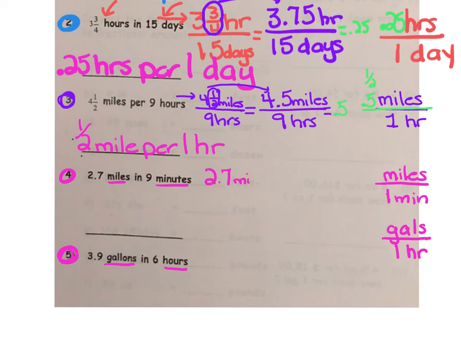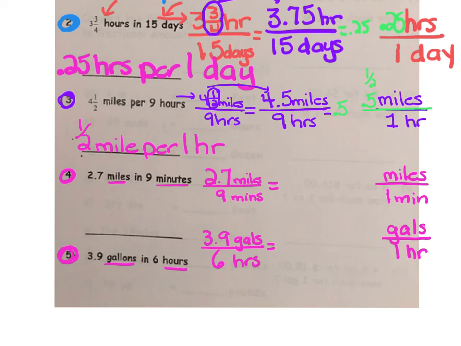2.7 miles per 9 minutes. And then you'll divide. And for number 5, 3.9 gallons used in 6 hours.